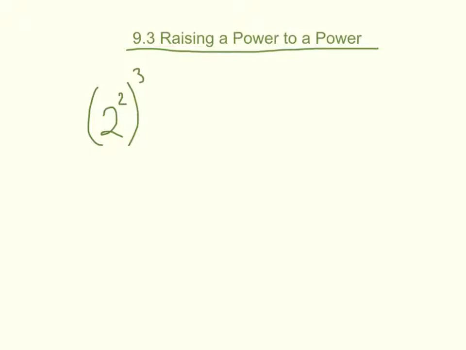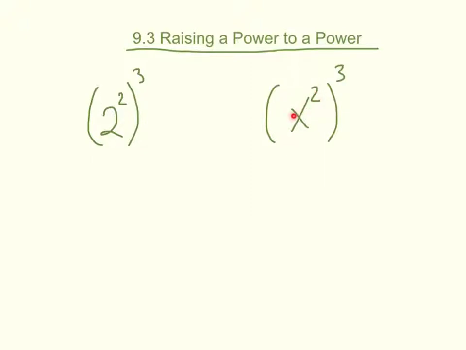Well, let's leave this guy alone for right now, and let's go back to some variables. If I have x squared and I raise that to the third power, well, order of operations says to do exponents first. Well, parentheses. I can't do anything else inside of here.